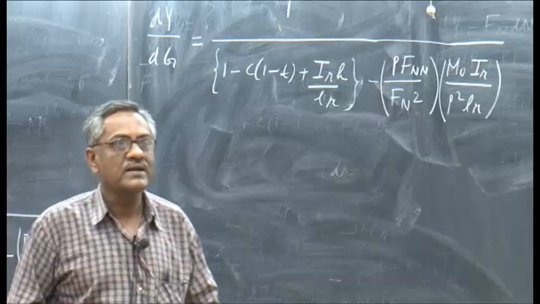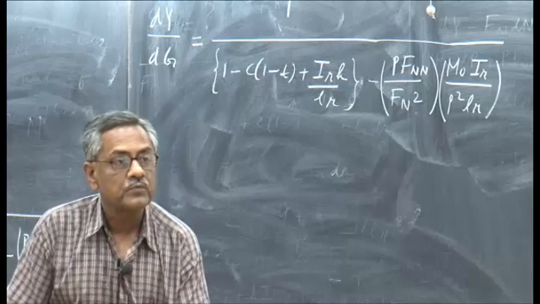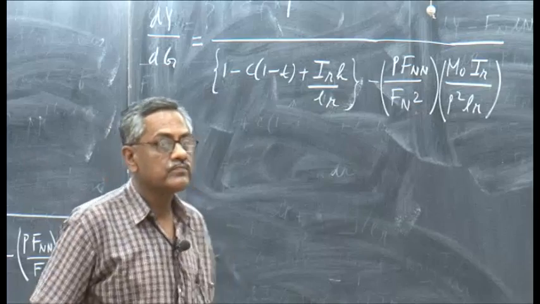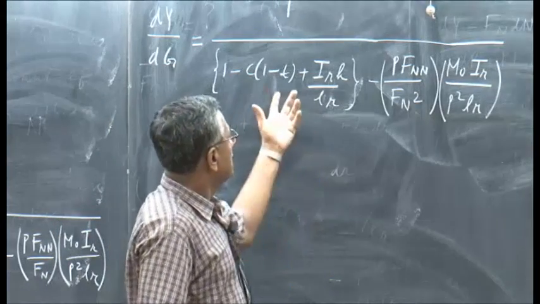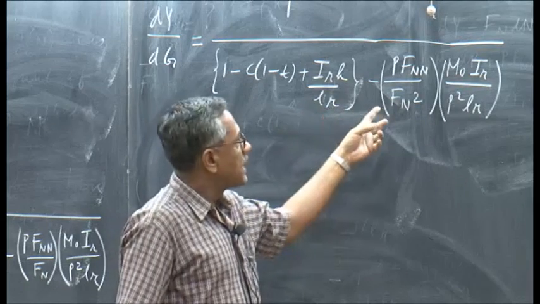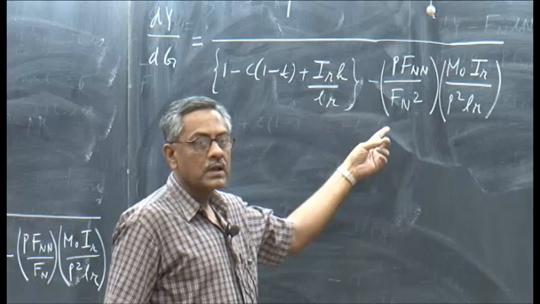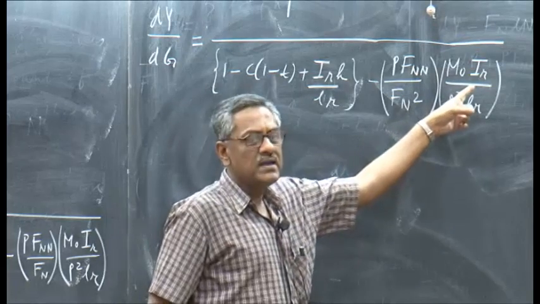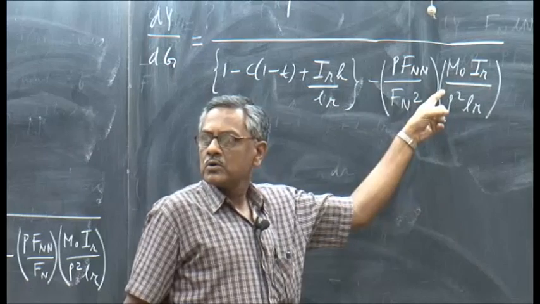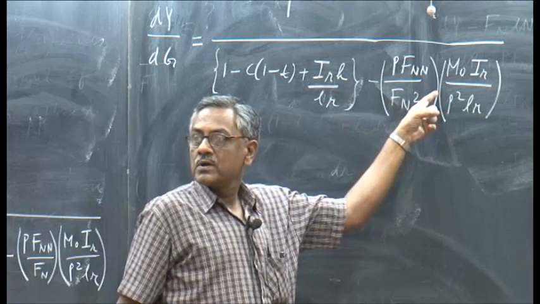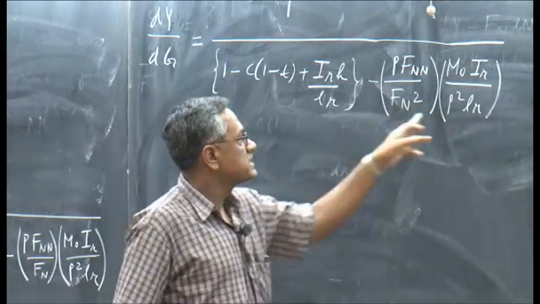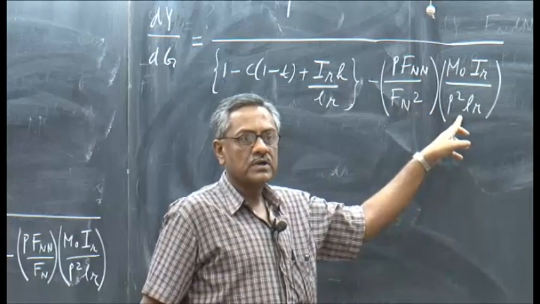What is the slope of the aggregate demand function? 1 minus C into 1 minus T divided by I minus IR, this term divided by this term.